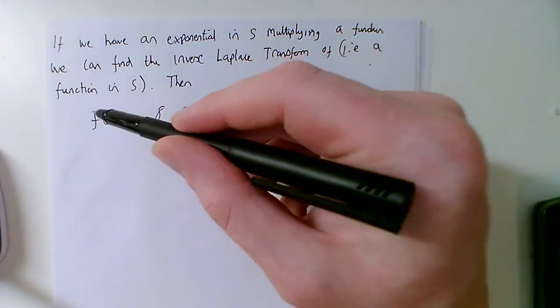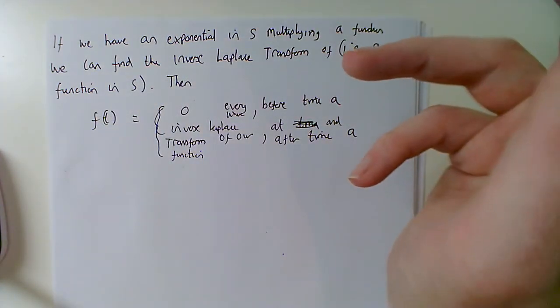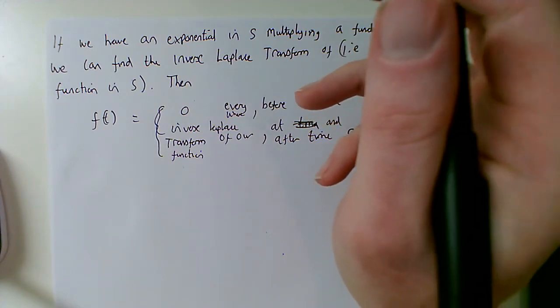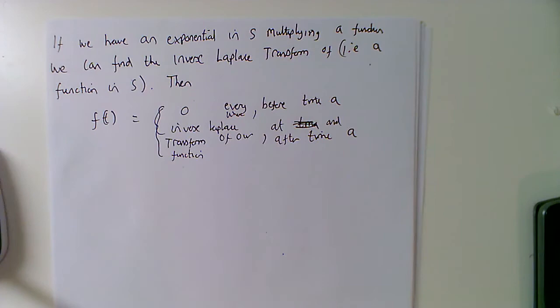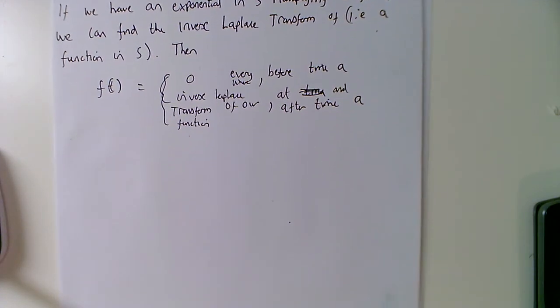Okay, so I'm going to show you what that means, but I think it makes a lot more sense when I write it down in normal language. You'll see what I mean when I do an example.